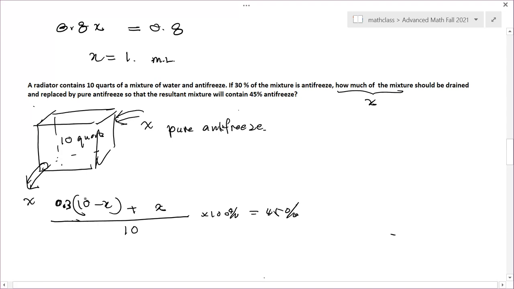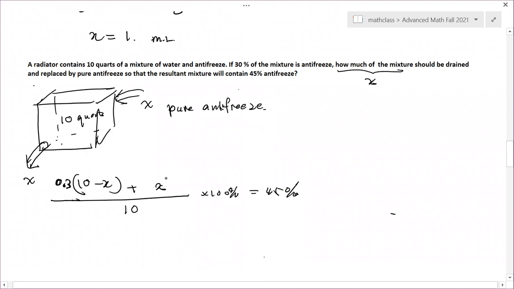So 0.3 times 10 minus X, plus X. 10 minus X is the remaining amount of original mixture, and multiplying by 0.3 gives how much pure antifreeze is there. You add them together. X is the added part.